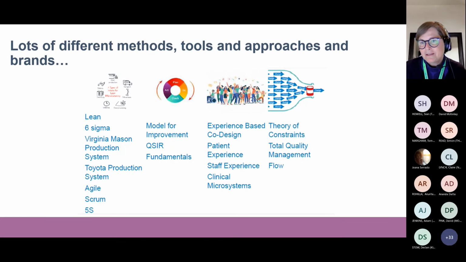And we have included the most important ones of those in the guide for you. So try and keep it simple, and if you're starting this from new, don't get too worried about all the different jargon and all the different methods and models. Just concentrate on having a go for your first improvement approach using some of the simple tools. And these include, if we can have the next slide, please.